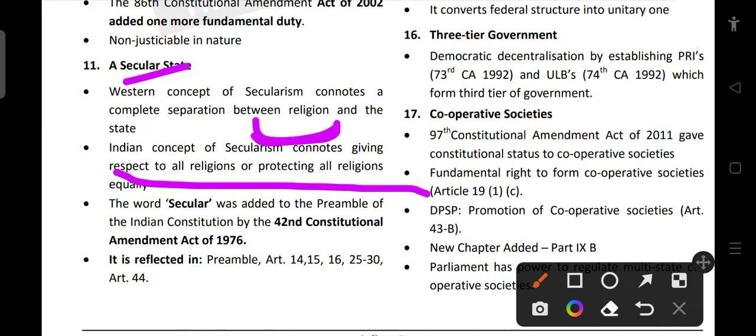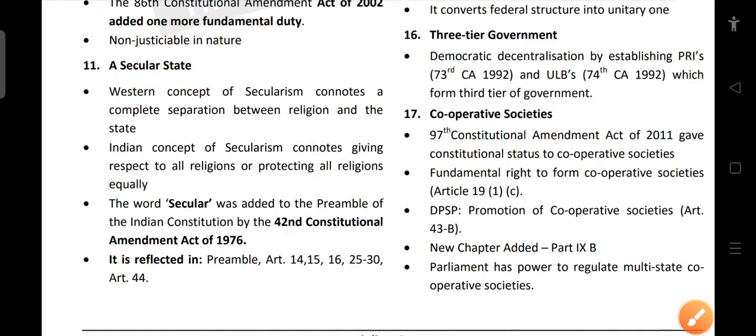That is, it can interfere to an extent and give equal treatment to all religions. The word secular was added to the Preamble of the Indian Constitution by the 42nd Amendment 1976. It is reflected in the Preamble.